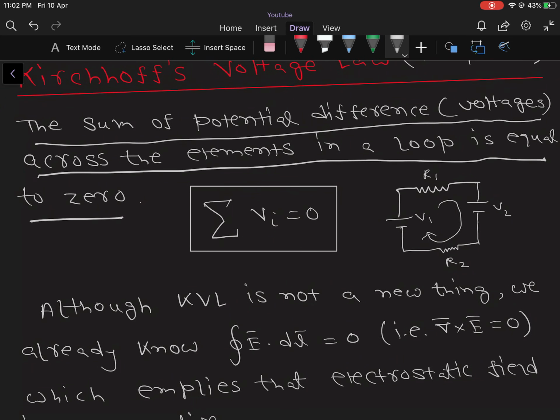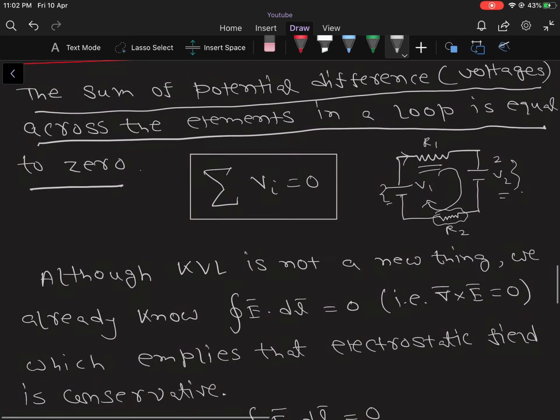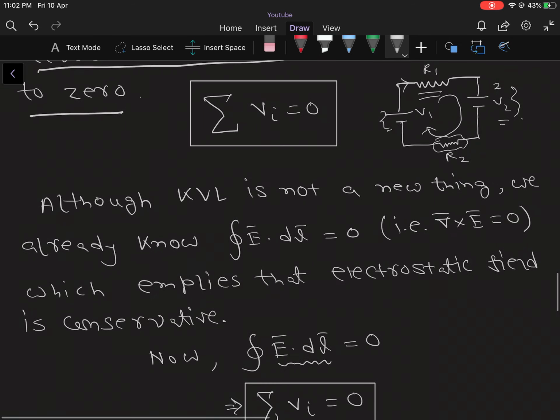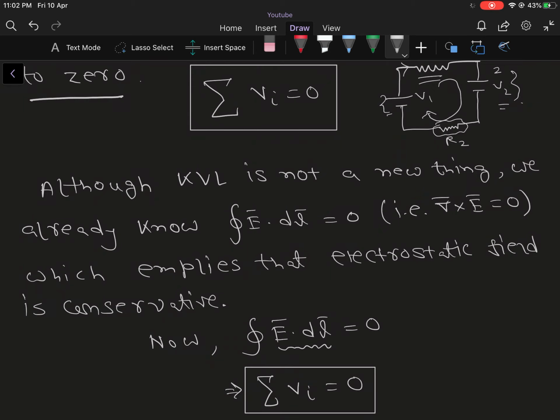That means V1 plus the voltage drop across R1 plus the voltage of battery 2 plus the voltage drop across R2, the sum of all the voltages will be 0. We will very soon come to how to take care of the direction.